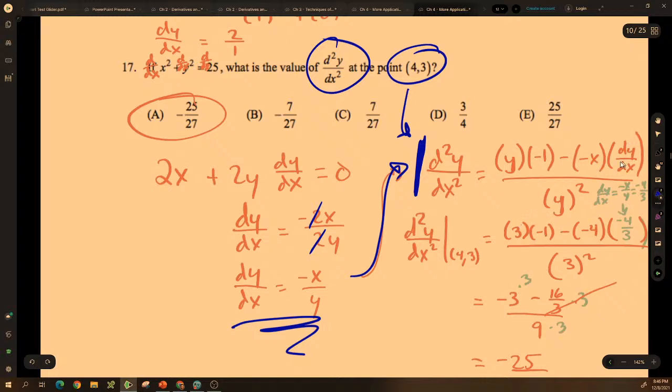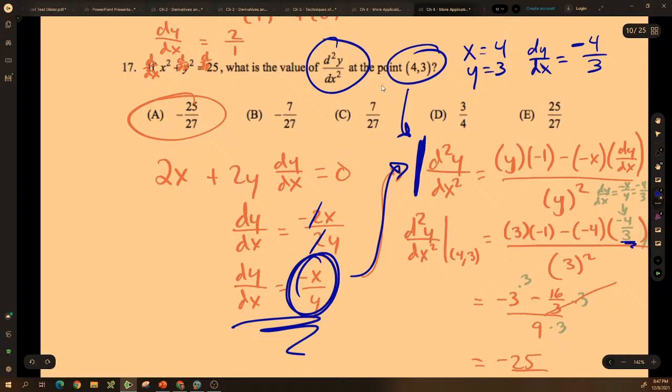Now I don't know what dy/dx is, but I need to plug this in too. For x I need to plug in 4, for y I need to plug in 3, and for dy/dx I need to plug something in. Well, what is dy/dx? It was negative x over y. So that's negative 4 over 3. So for the dy/dx we plugged in negative 4 over 3, and all over y squared, 3 squared.